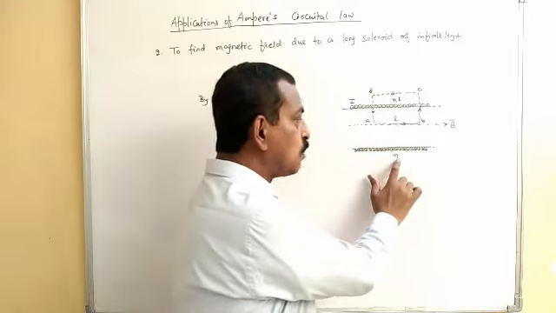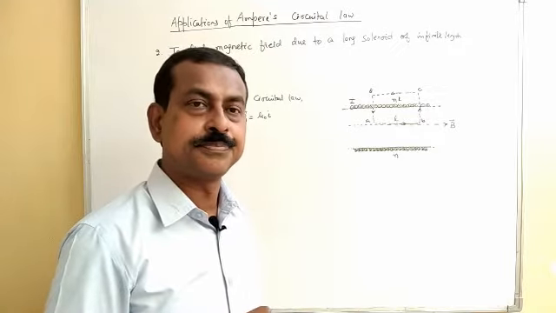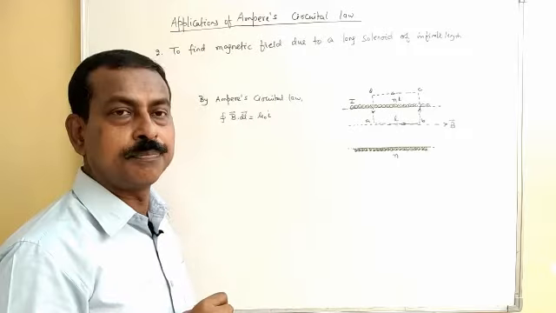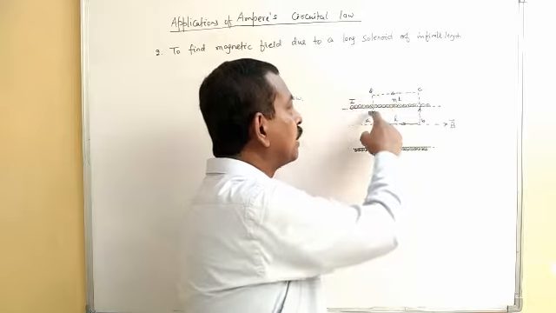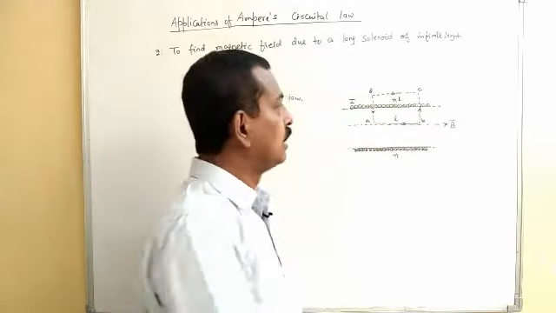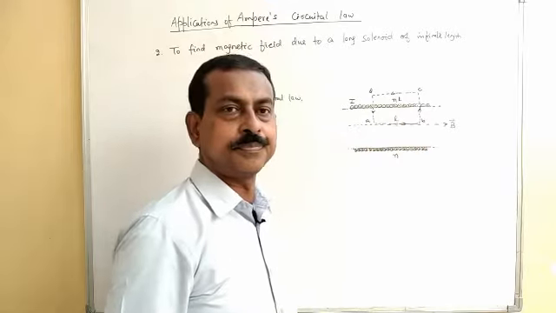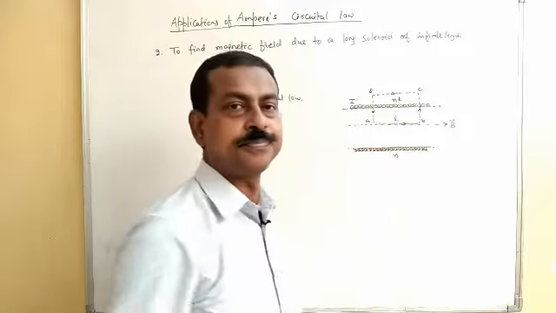And it has small n number of turns per unit length. So to apply Ampere Circuital law, we need a closed loop. So we'll take an Amperian loop ABCD. This AB we have taken of length L. And suppose the magnetic field due to the solenoid is B.